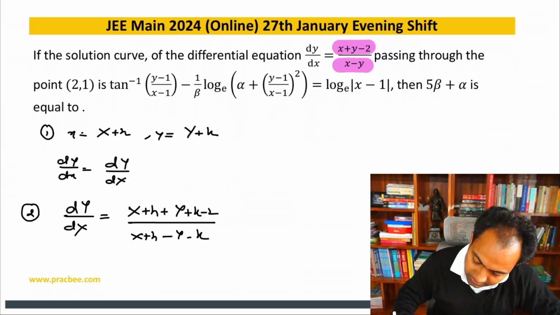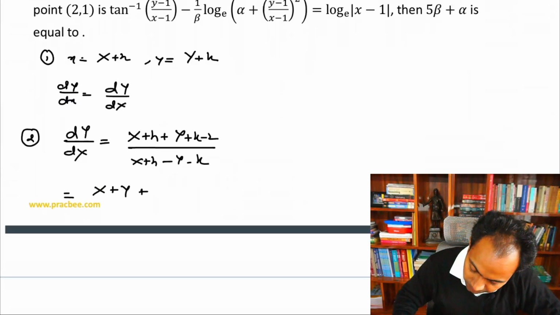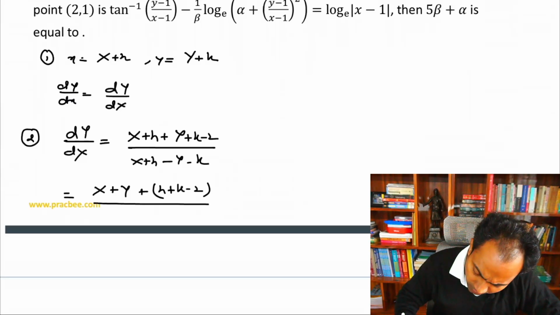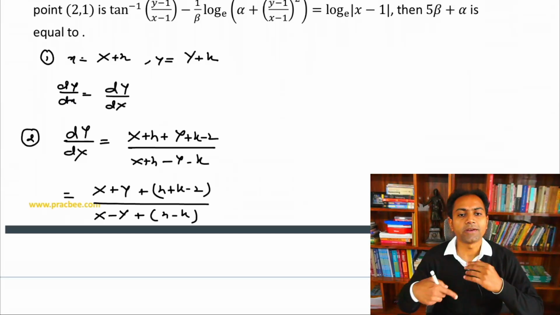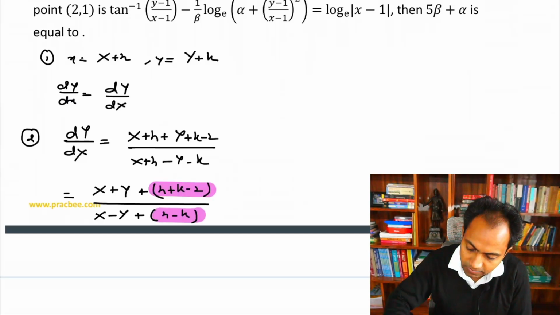Once you have done this, there is one more step to be taken care of. So we can write this as capital X plus capital Y, h plus k minus 2 in the numerator, and in the denominator capital X minus capital Y plus h minus k. See, if I want to make it into homogeneous, these constant terms that I have written here should become 0.